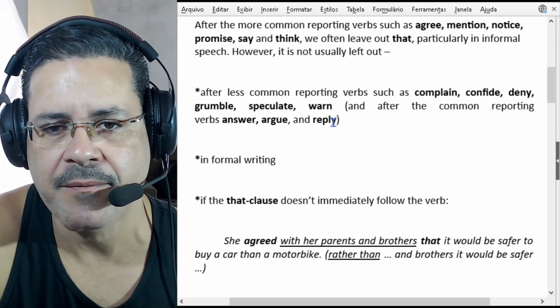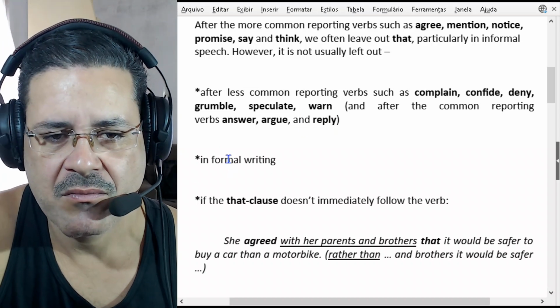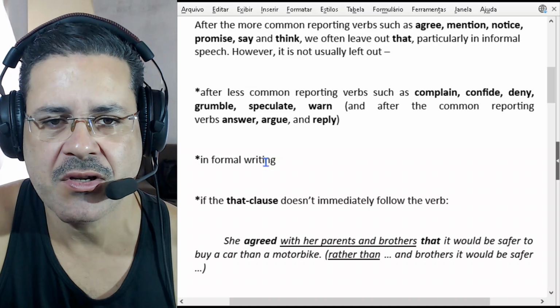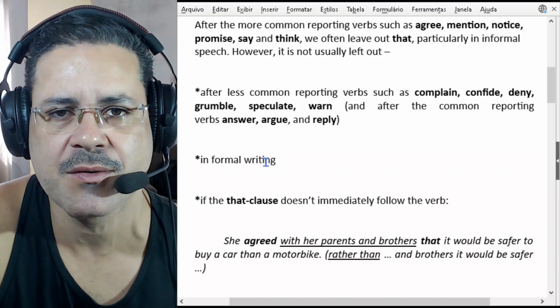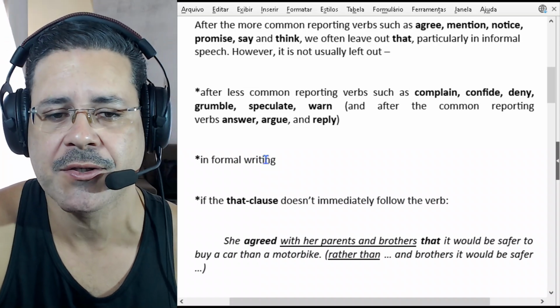But don't worry about that. It's not that important. In formal writing, it's usually considered. We don't leave it out. In formal writing, it's not quite as important in terms of spoken English.